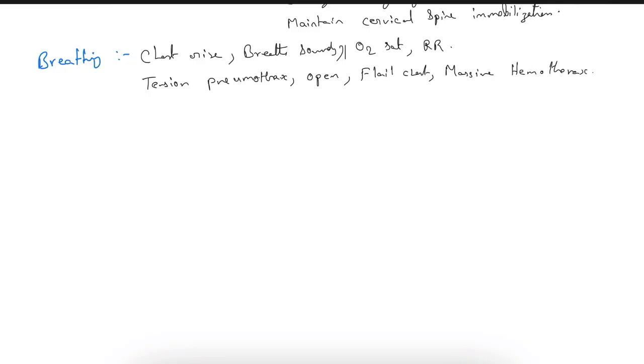So in actions, what are the things we have to do? In trauma patients, we have to give oxygen 15 liters per minute. Okay, and we have to start chest decompression.